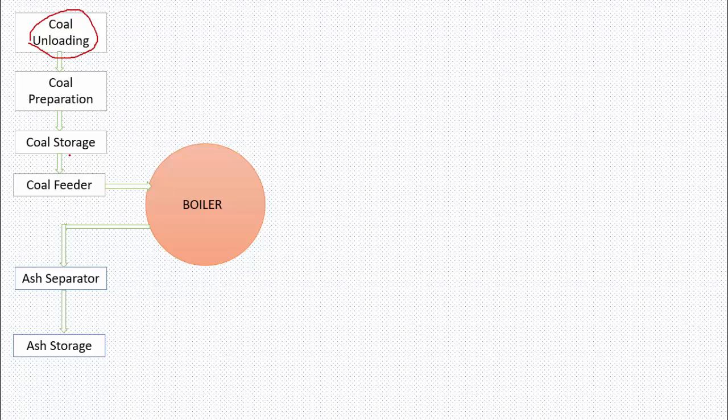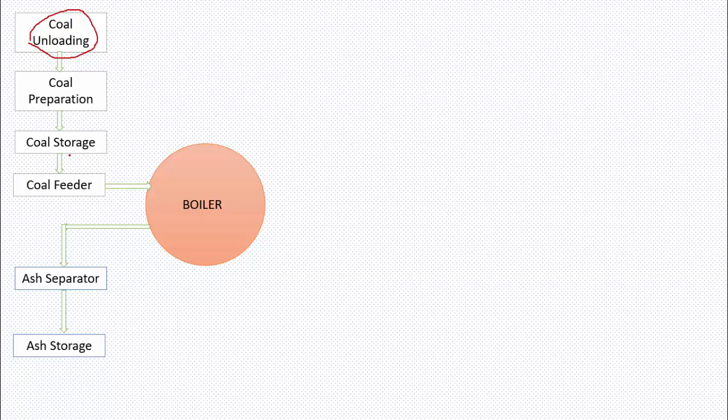Once the coal is supplied into the boiler along with the air and heat, the coal will be burnt inside the boiler. The heat will come out of the burnt fuel and then the coal will be converted into ash. That ash will be very harmful with some other residual gases, right?